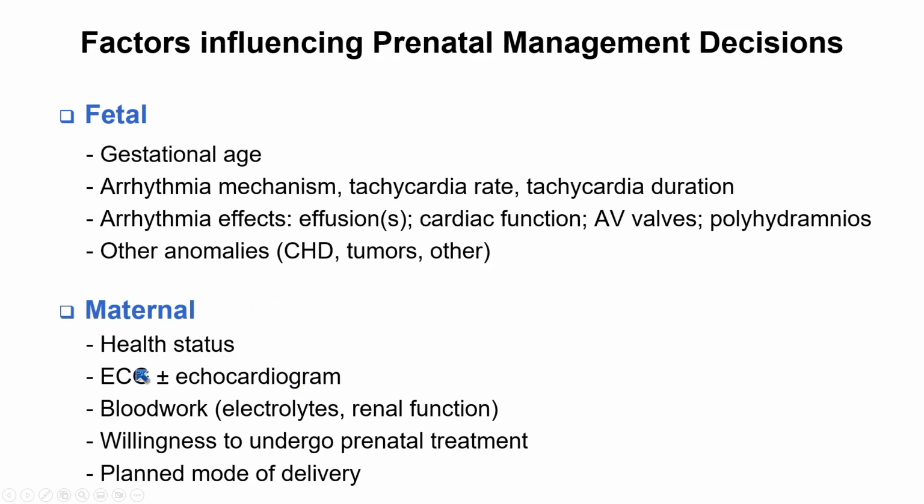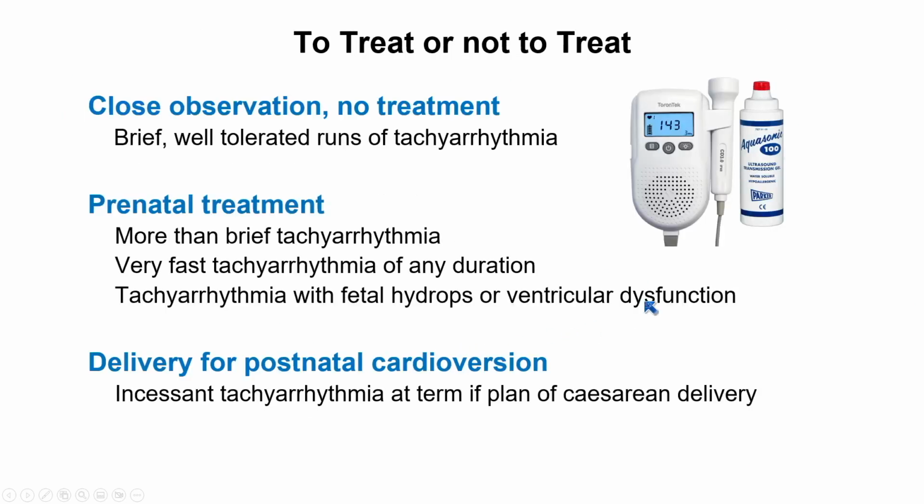Other abnormalities. Another thing is the mother should be healthy. You don't want to treat a mother who is at risk to develop significant problems. I do a number of preliminary work to be sure this is tolerated when I decide to go on treatment, including ECGs. We don't do routine echocardiograms, but some centers do.